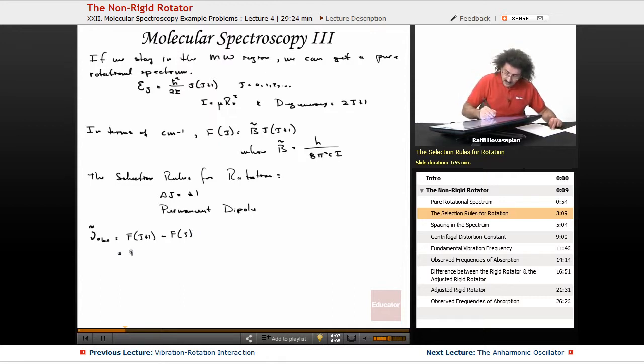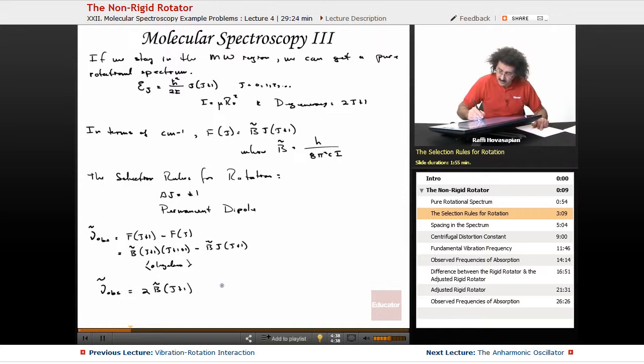It's going to be B tilde times J plus 1 times J plus 2 minus B tilde times J times J plus 1. Now, after a little bit of algebra, what we end up with is a nu observed equal to 2B times J plus 1. And again, we know this already. J equals 0, 1, 2, where J is the initial rotational state.